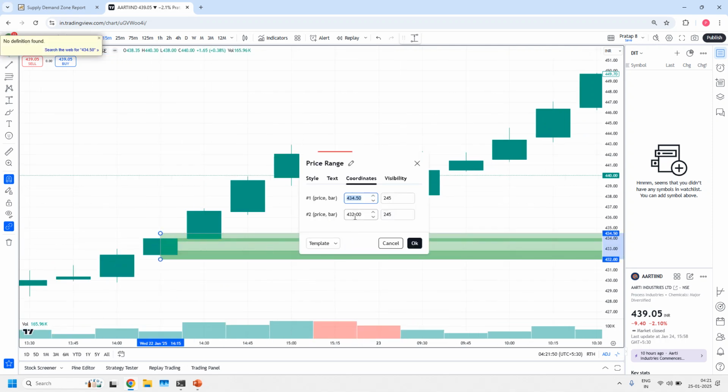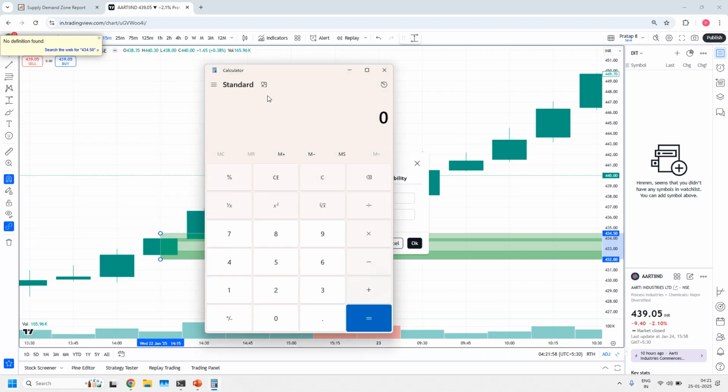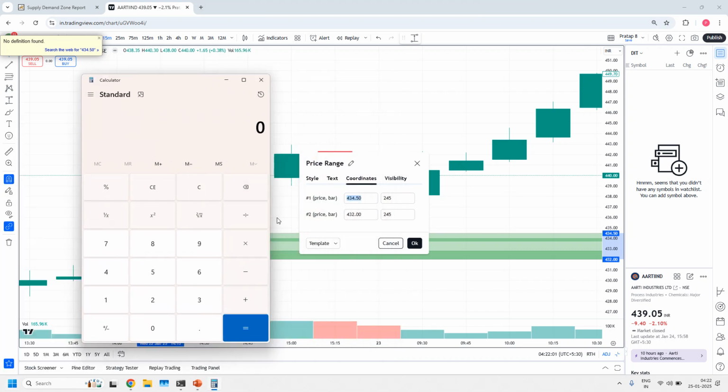Okay, 432, 434.50. So let's open the calculator. 434.50 minus 432, 2.5.